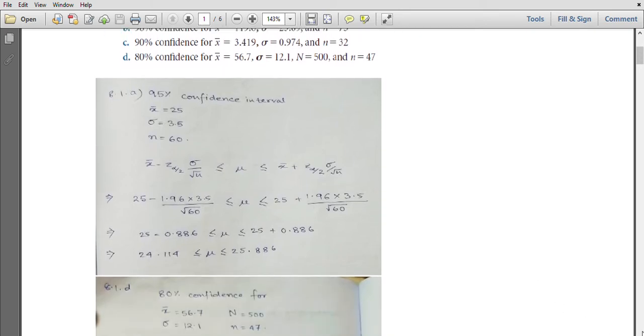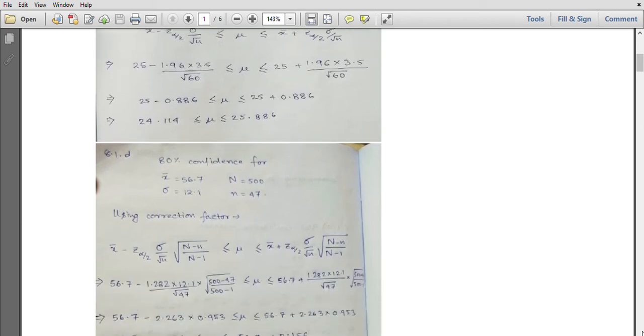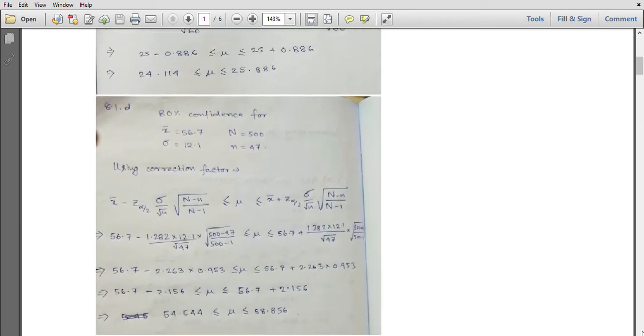For this one, our formula will look a little bit different. Here we have to use the correction factor, because it has an extra factor multiplied along with the old one. So the new formula is actually a more accurate formula.